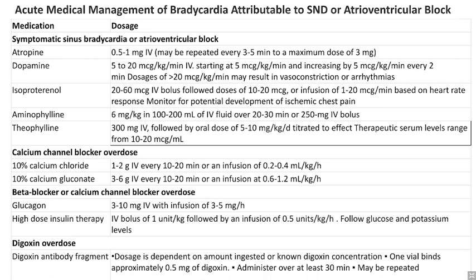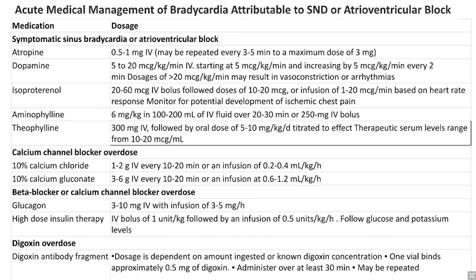If we see acute bradycardia, what's the treatment for this patient? It doesn't depend on whether it's a sinus node dysfunction or AV block. If you see acute symptomatic bradycardia, what can you use?